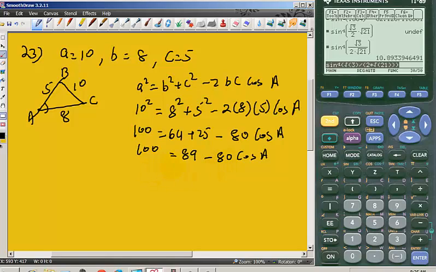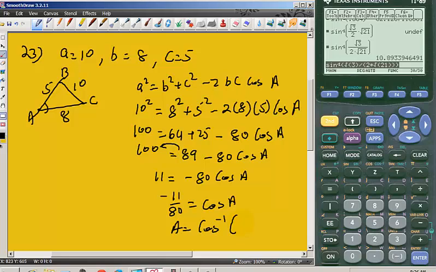I'm going to subtract 89 from the 100, which is going to give me 11 is equal to negative 80 cosine of angle A. I'm going to get negative 11 over 80 is equal to cosine of angle A, and that's going to give me A is equal to cosine inverse of negative 11 over 80.